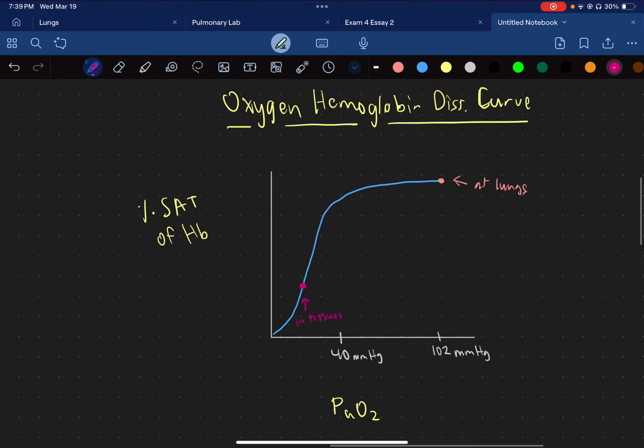Now, why is this important? Well, as the pressure of oxygen in the blood increases, the saturation of our hemoglobin is also going to increase. But if the pressure of oxygen in the blood decreases, our hemoglobin is going to release the oxygen that is bound to it.